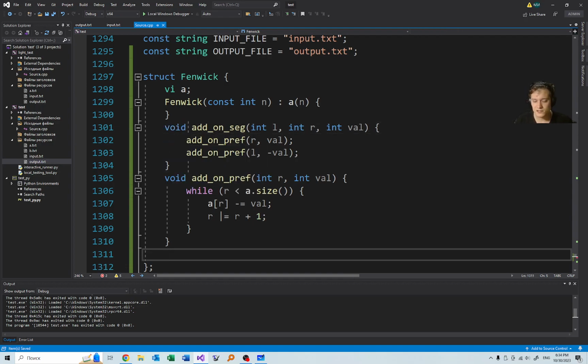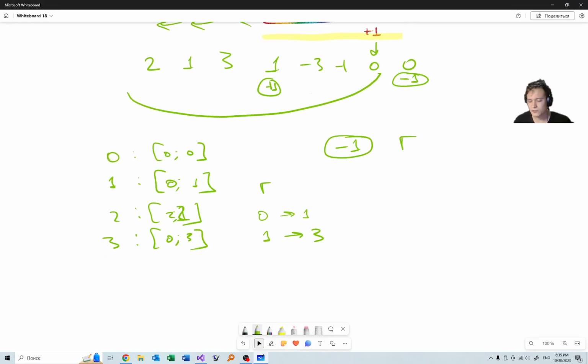And the second thing is find element. How to find an element? So we need to add all segments. So instead of finding element R, we just need to sum up all elements from 0 to R minus 1.